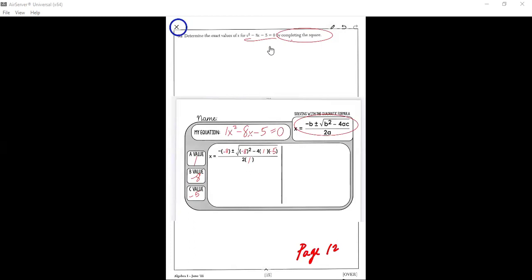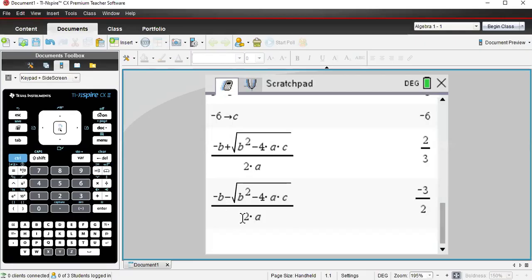But what I'm going to do now is use the calculator, and I want to show you that this one is not so nice as the previous problem was. So now all I have to do again is store the new numbers.